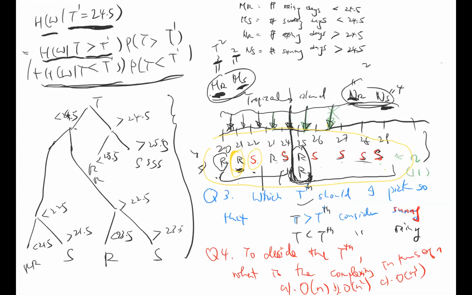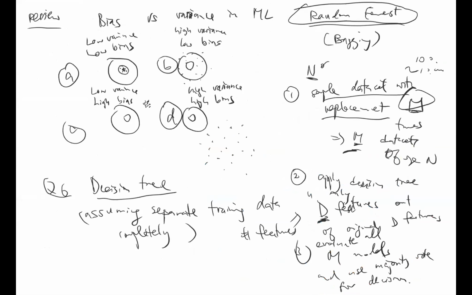Yeah, he asked the question of how it avoids overfitting. If you look at this illustration here, we are in the high variance and low bias case, right?